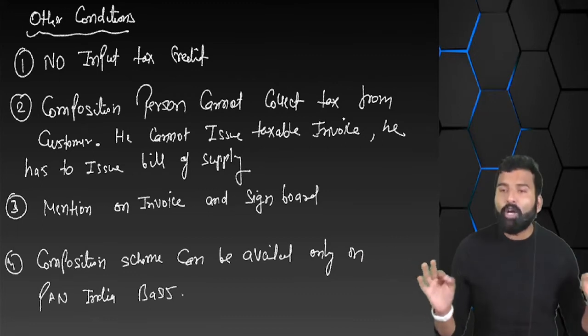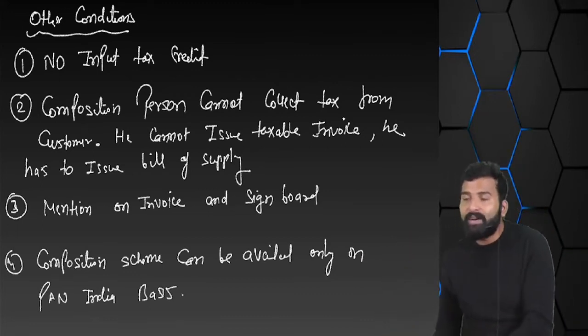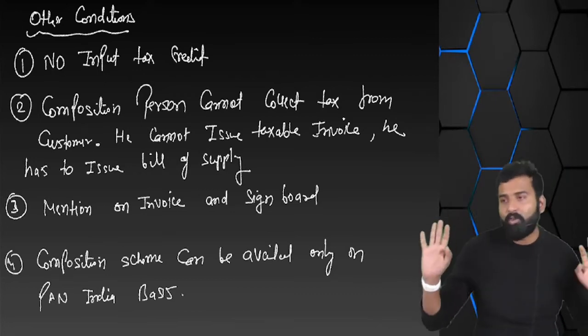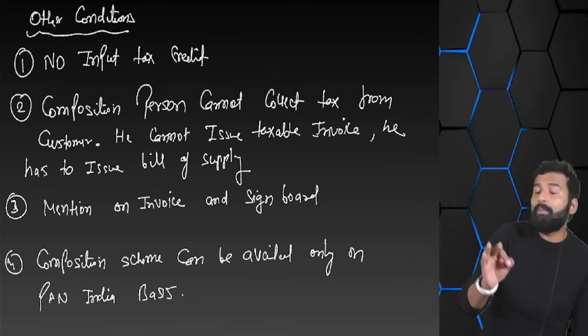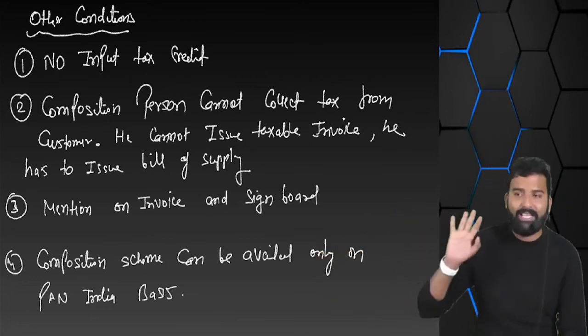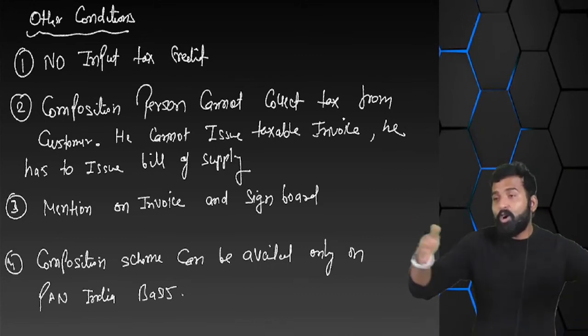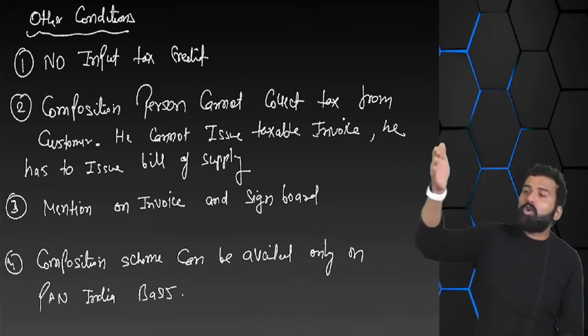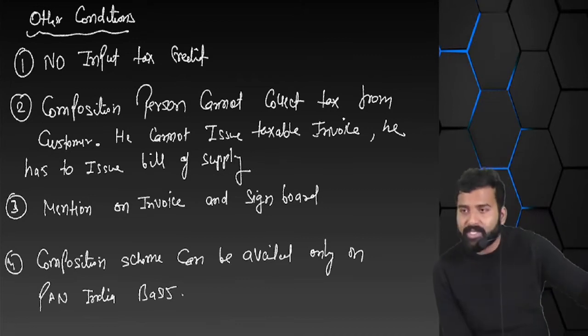He cannot avail composition scheme for one branch and be a regular taxpayer for another branch. Government is saying, I am making a person a composition dealer, not a branch. A person means a person who is having 3 or 4 branches. He wants to avail composition scheme in Assam, but does not want it for other states.